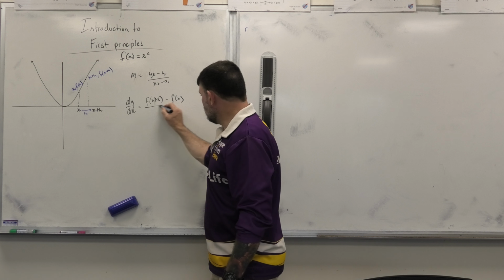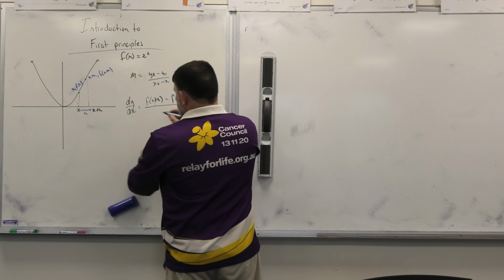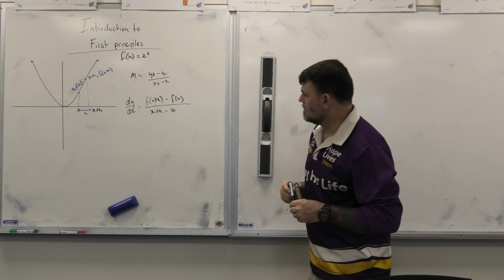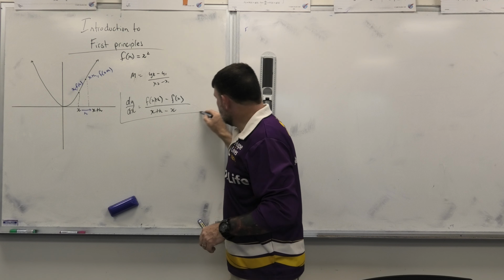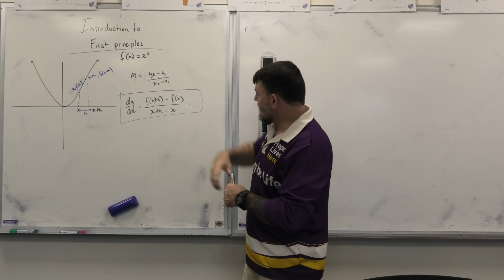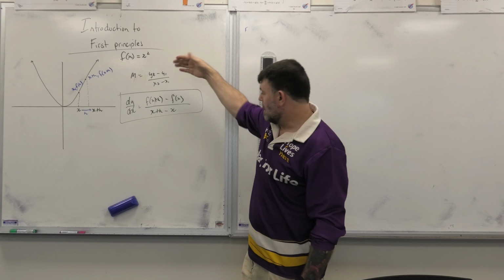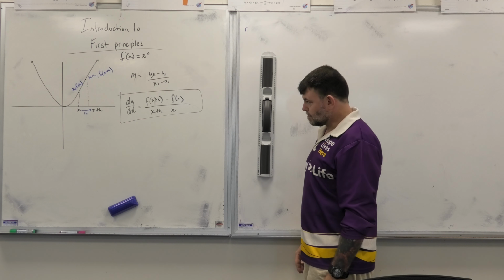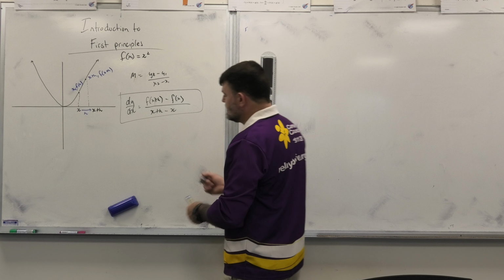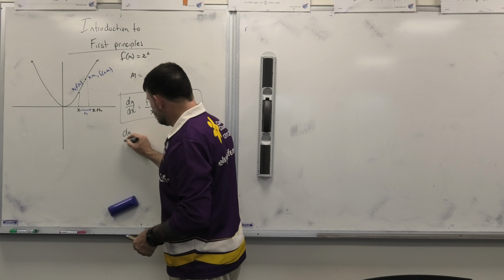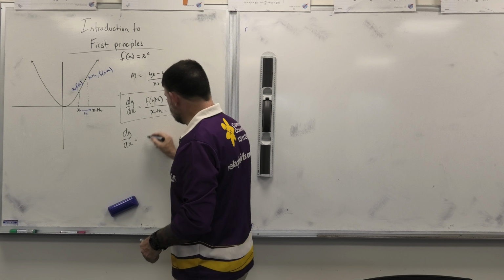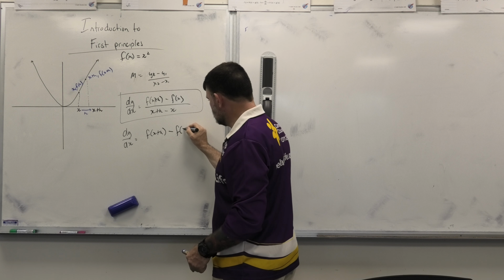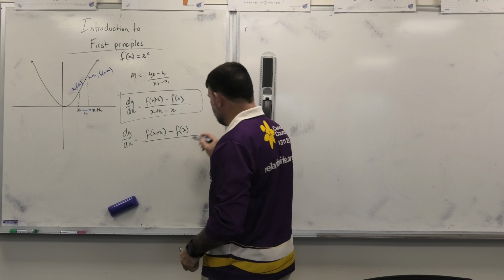And over the top, I'd have my x plus h minus x. So this here is going to be doing the same thing as I did with the straight line gradient. I found the gradient at a particular point on that curve, but I can simplify this down. I can simplify this down to dy dx is equal to f of x plus h minus f of x, all over h.